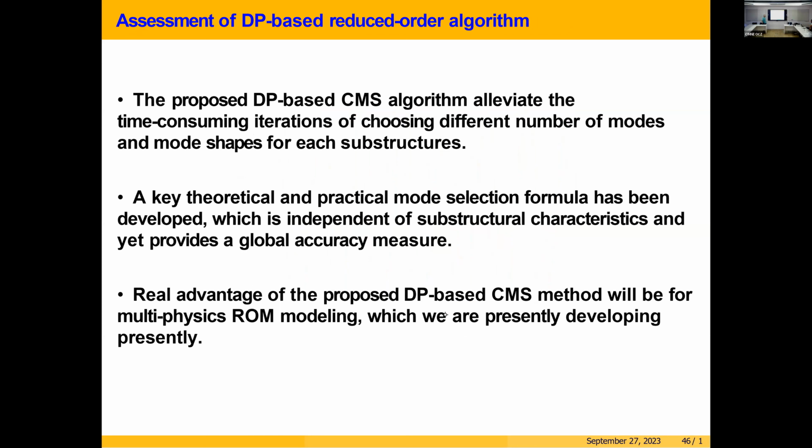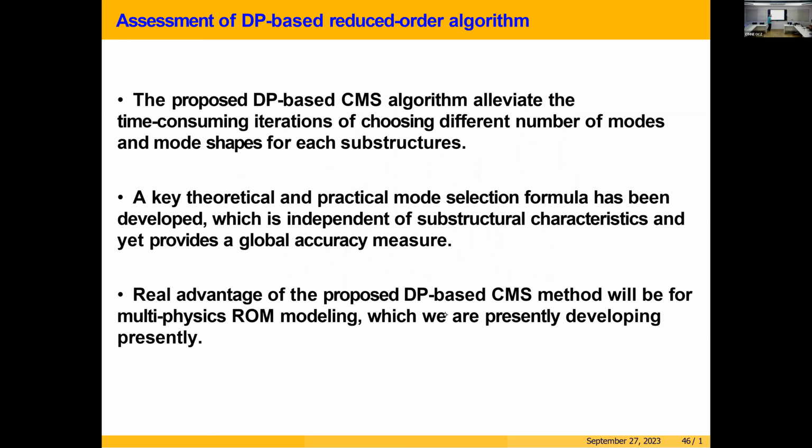So we are very encouraged that the DP-based CMS algorithm alleviates the time-consuming iterations of choosing different numbers of modes for each partition. Okay, and we believe this will make an impact on multiphysics model reduction.